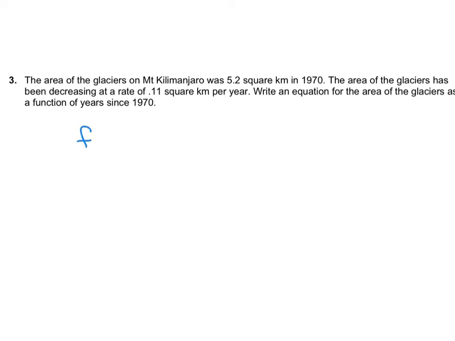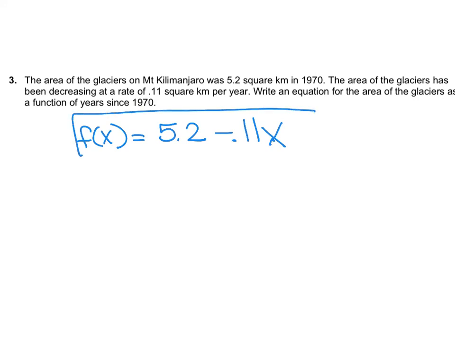So our f of x would be equal to our 5.2, and then we're going to be decreasing at a rate of 0.11. There's our slope, kilometers per year. And so the equation would look like f of x is equal to 5.2 minus 0.11x.